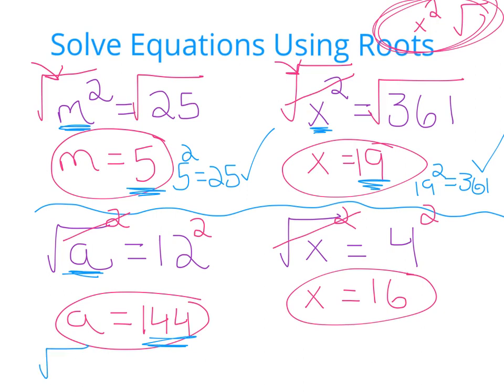The square root of 144, what does that equal? It equals 12. Boom, checks. All right, 16, plug that in. The square root of 16, does that equal 4? Yes, it does. So the cool thing about these is that you can always check your answer.